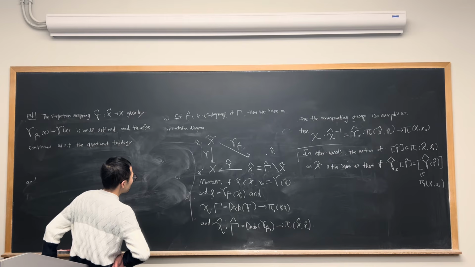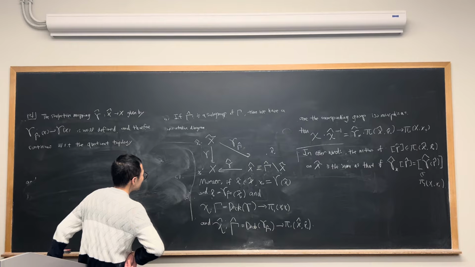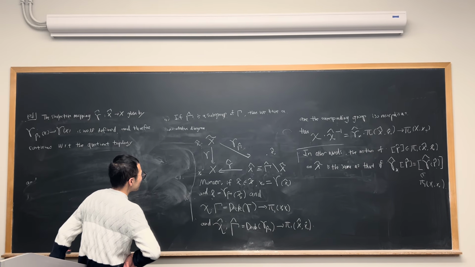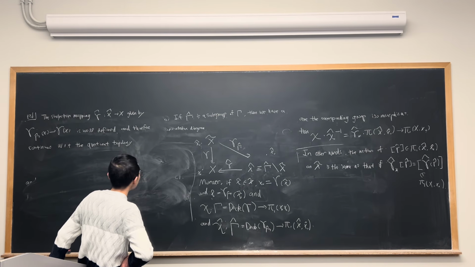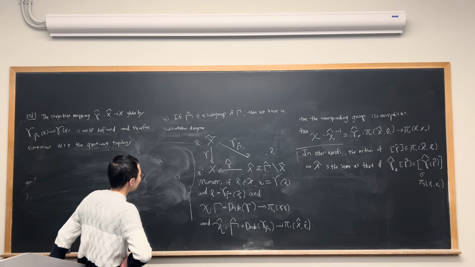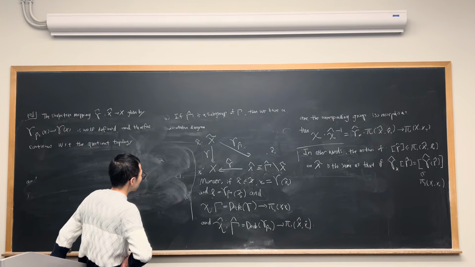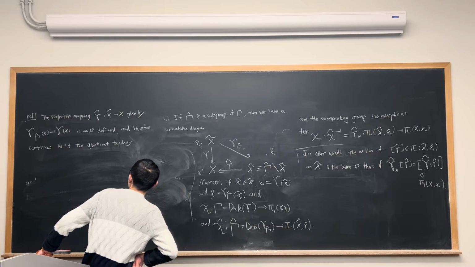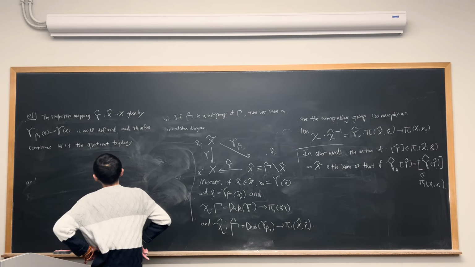So the continuous maps are what? If you have an open set of x hat... So let's check why it is continuous.